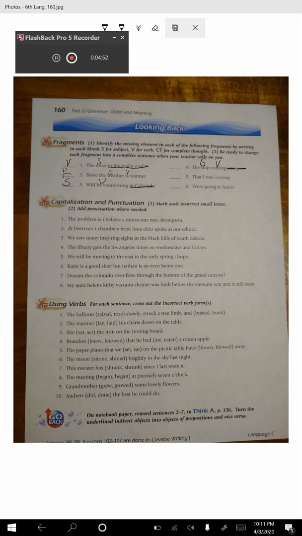Once again, this is a dependent clause, a subject and a verb. Does not express a complete thought. I don't know where they get that. I just don't like that. Anyway, that I was coming. Well, there's the subject, and was coming is the verb. So that is a complete thought. That's not a complete thought, but it is a clause.